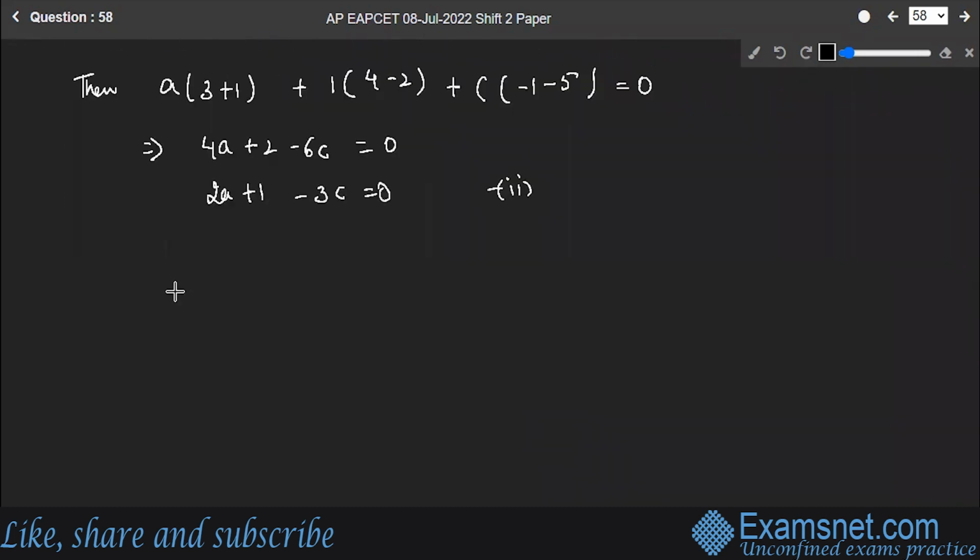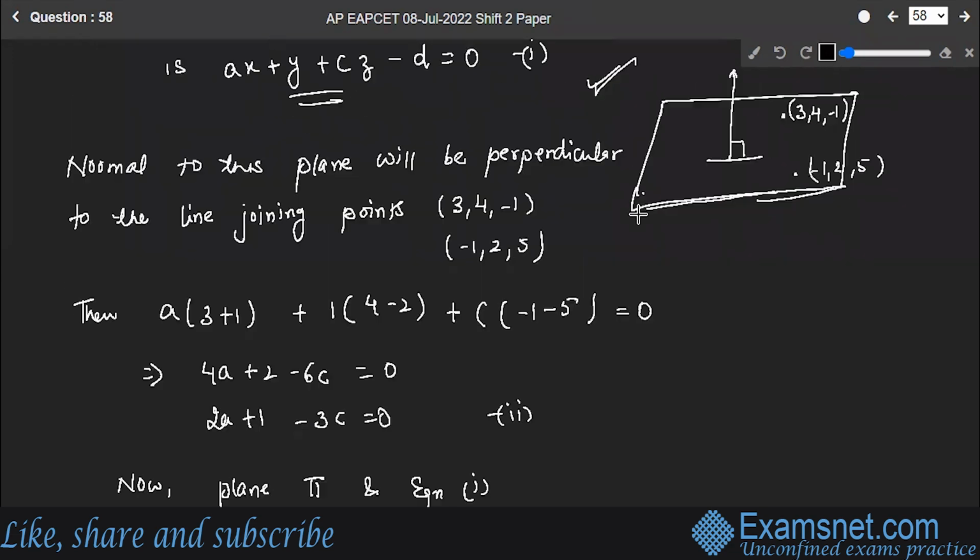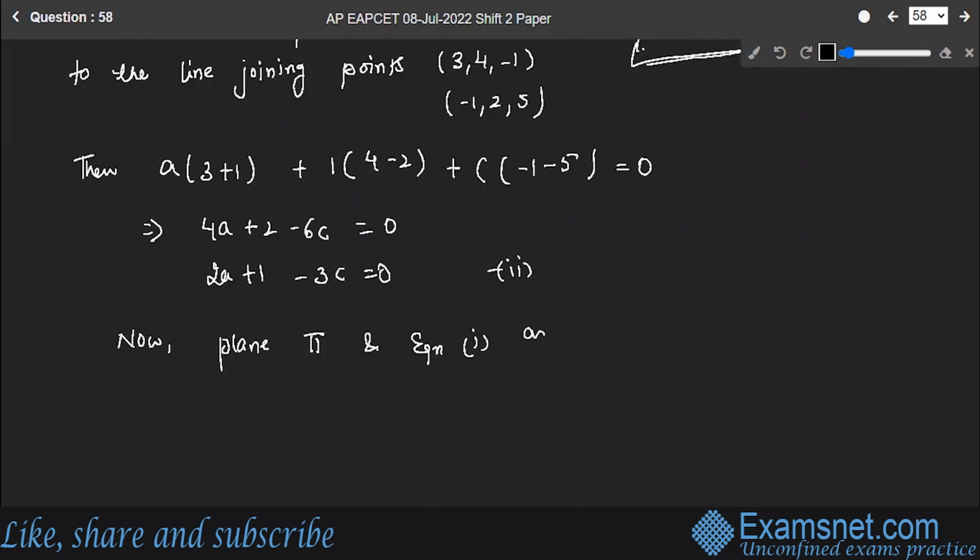Now plane pi and equation 1 were perpendicular. So you have a plus 5 minus 6c is equal to 0, which gives you a is equal to 6c minus 5.